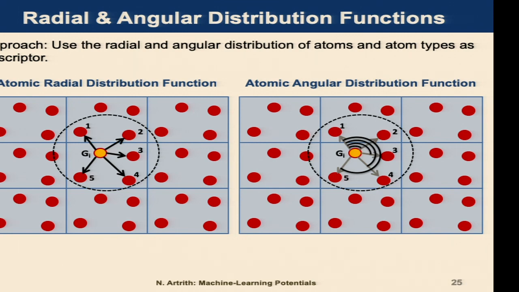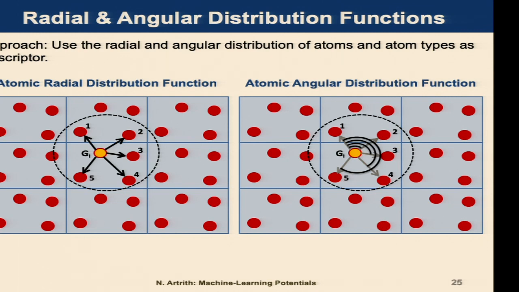On the left-hand side, this yellow one here represents the atom that we are interested in, and the environment is within the R cut, usually 6 to 8 angstrom. And we sum up the number of atoms within this R cut, and then we get the energy for this representative atom.